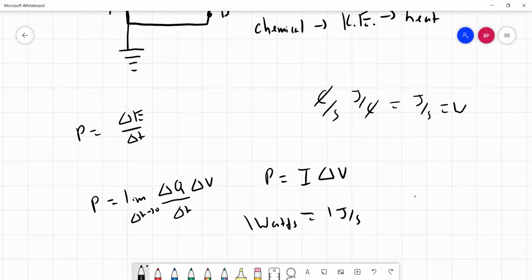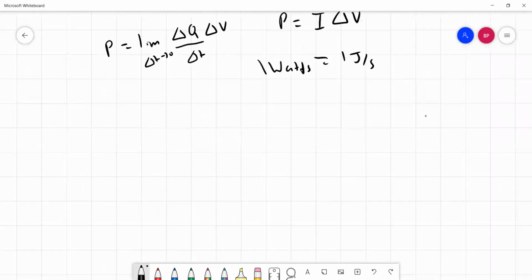And we can come up with some other expressions for it as well if we use Ohm's law. Ohm's law tells us that the current is equal to the voltage over the resistance. And so we can sub in either for I or for delta V here. What we find is that the expression for the power is this, as we already saw.